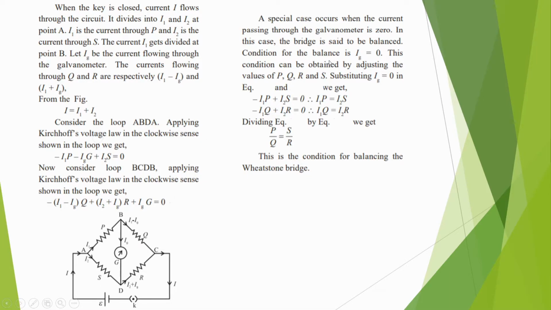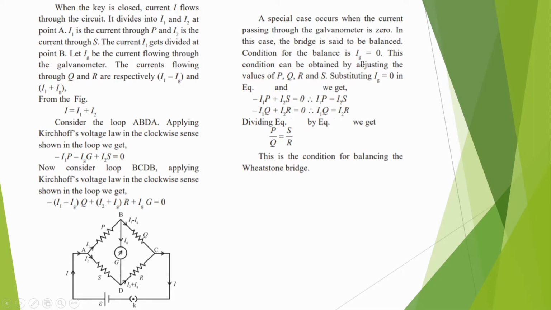For the balancing condition, the current through the galvanometer is considered as 0. This condition can be obtained by adjusting the values of P, Q, R and S, so that the galvanometer shows null deflection.